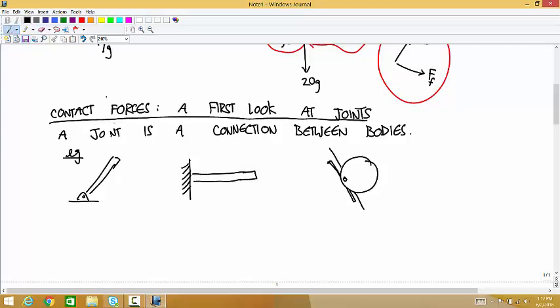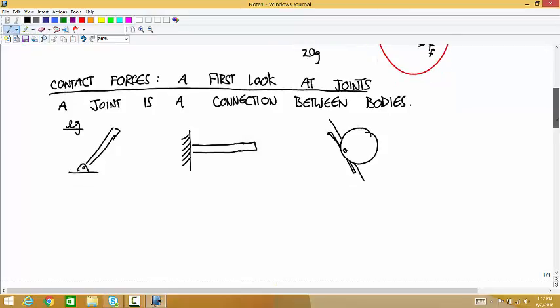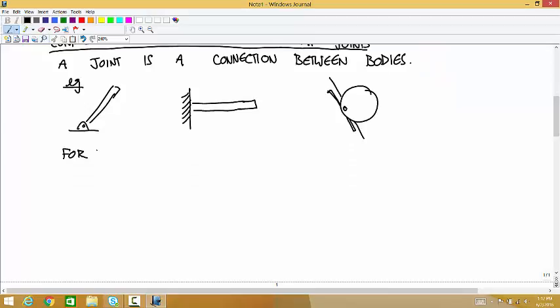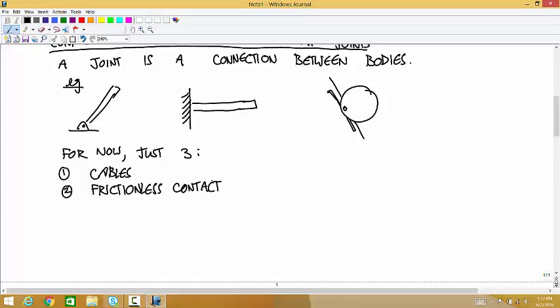But the ones that we care about for now are connections to cables, frictionless contacts between bodies, and friction contact between bodies.